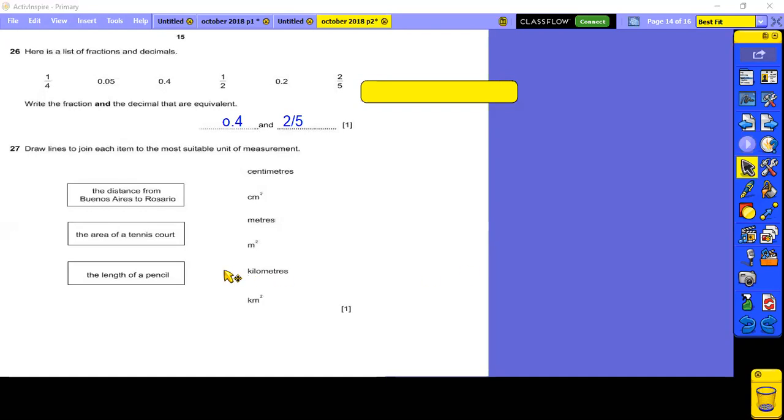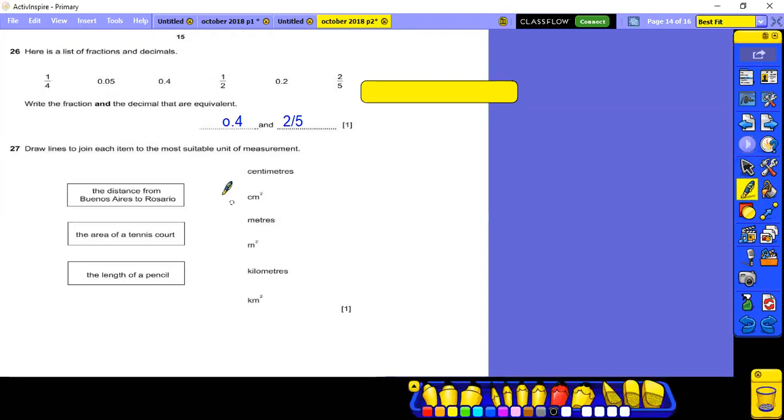In this question, guys, the distance from Buenos Aires and Rosario is the distance from one place to another. Where do you think I'm going to use the kilometer or meters or kilometer square? Take into consideration whenever the answer is centimeter square or kilometer square, it means we're finding the area of something. So what will be the answer? Yes, it's going to be kilometer.